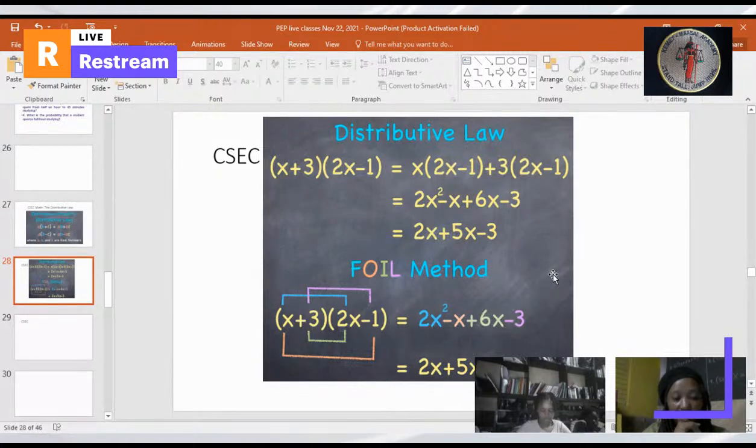So it shows you you're going from the x to the 2x, you're multiplying that, and that's how you get the 2x squared. And then the x to the -1, which gives the negative x. Then the purple one is showing the 3 to the 2x, which gives 6x, and the 3 to the -1, which gives -3. Same answer as before.